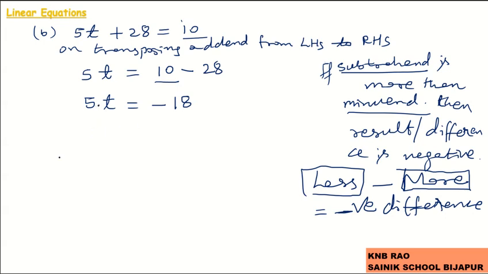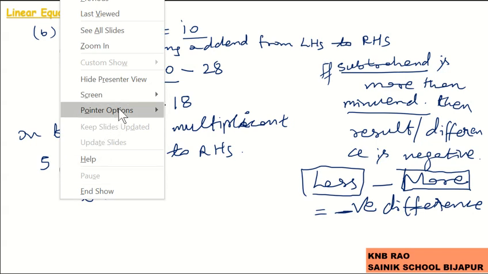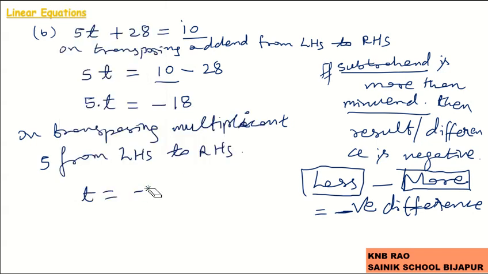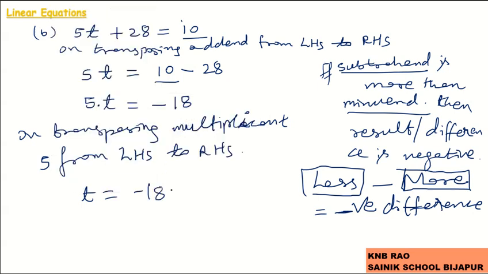Now here 5 is multiplying. On transposing the multiplicand 5 from LHS to RHS, it gives minus 18.